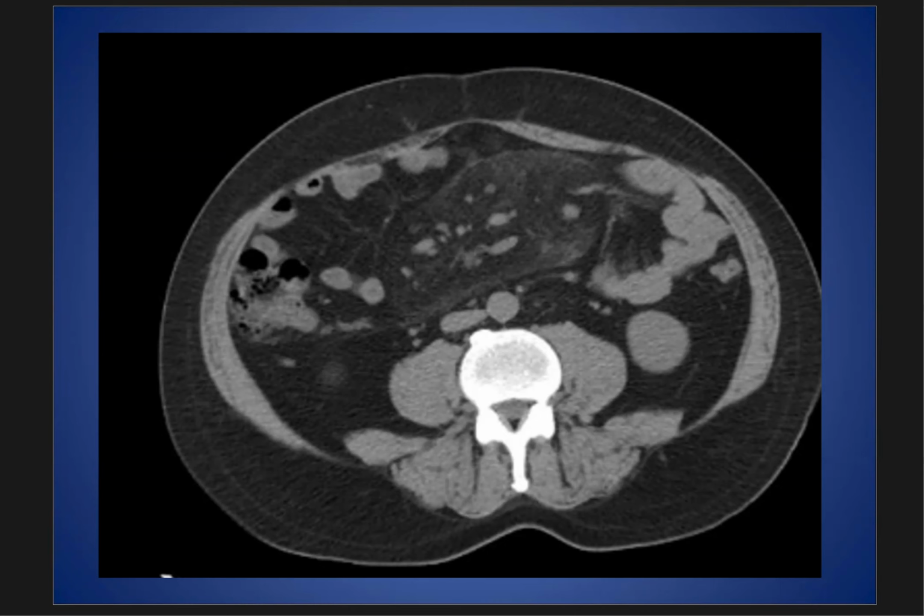This is a new case discussion. As we see here in this patient, abdomen CT scan below at the level of the lower kidneys after IV contrast.